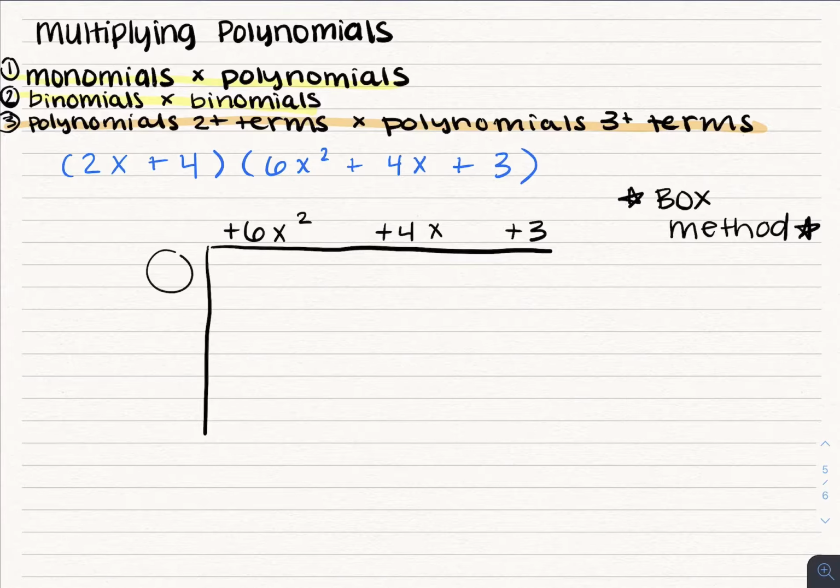This is where our x squared would go, right? We don't have an x squared, so what's our coefficient in front of that if we don't have an x squared? 0, right? So that's like 0x squared. So instead, we're just going to say 0. And then 2x and 4, and that's a plus 2x and a plus 4.